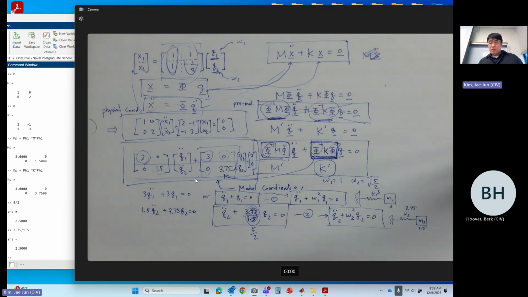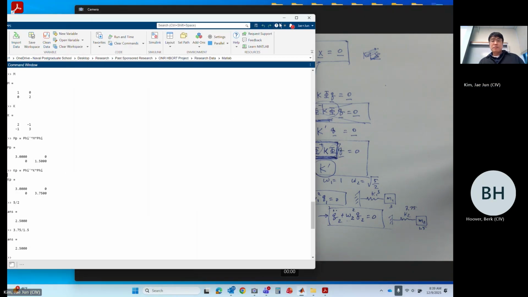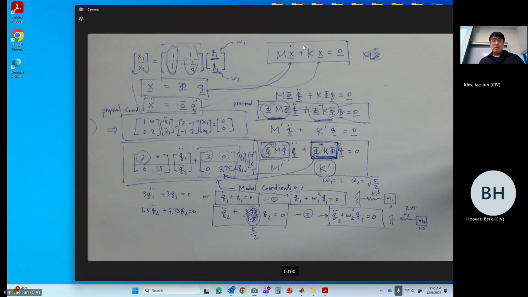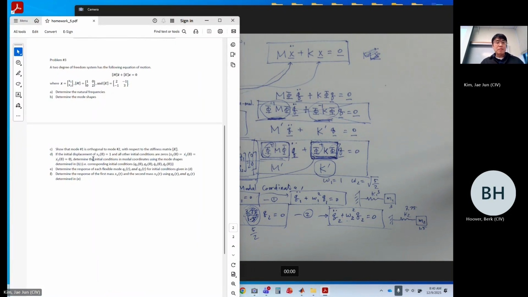So now the last question is how to determine the initial conditions in modal coordinates.